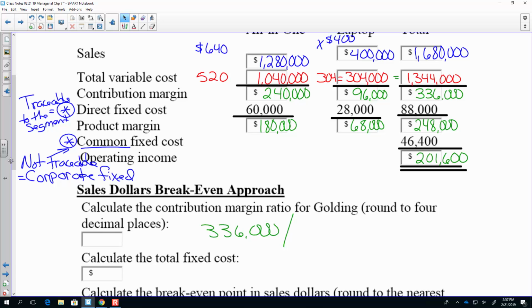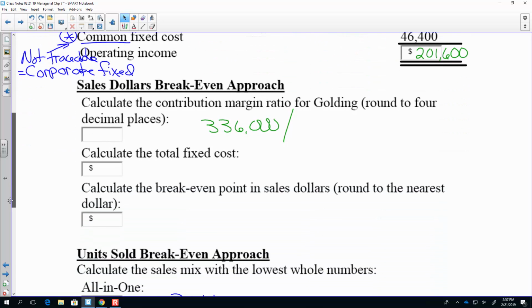Yeah, the 1,680,000 for the sales. Okay. That gives us 20%. Oh, it comes out that nice. Exactly 20%.